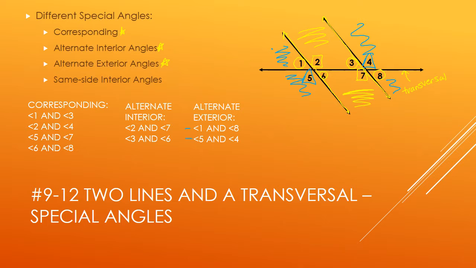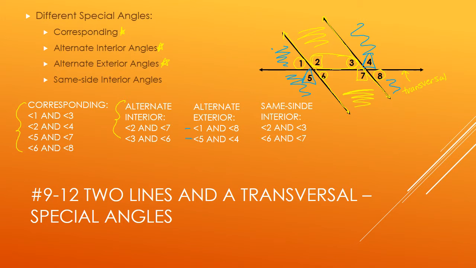Instead of alternating on the alternate sides of the transversal, same side means they're on the same side of the transversal and interior. So there we go, we have 2 and 3 and 6 and 7. There are always 2 sets of these, and corresponding will always have 4 sets.